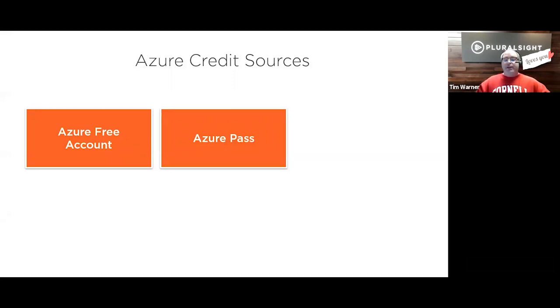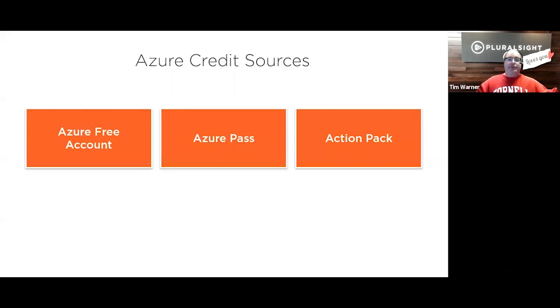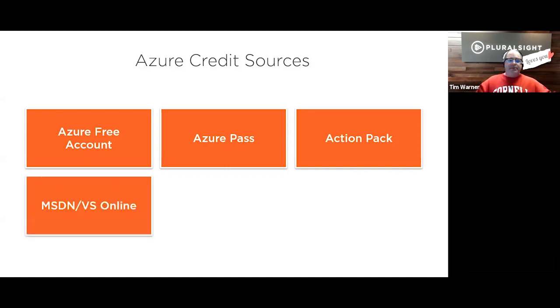For the Azure free account, even though you may not have any intention of converting to a pay-as-you-go subscription, you do have to provide a valid payment method, and there are some restrictions on that. The Microsoft Partner Network has a level called Action Pack. It's a little bit of a monetary investment and a little bit of hoops you have to jump through to become a Microsoft partner yourself. But one of the benefits is you get recurring Azure credit, recurring every month, which is nice.